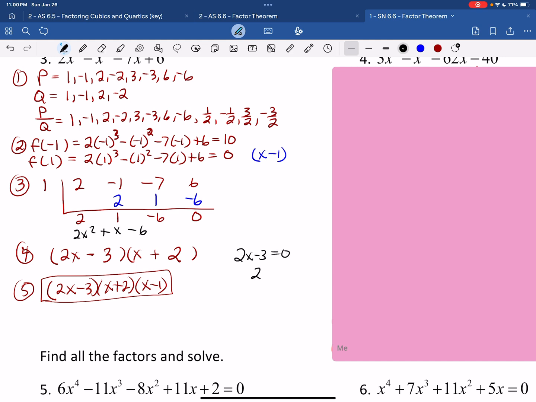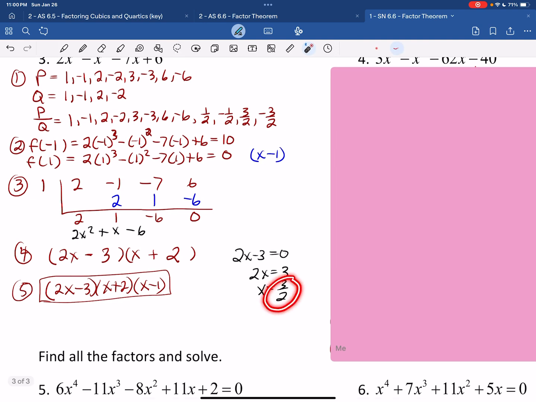I move the 3 over and get 3, and divide by 2 and get 3 halves. And sure enough, this 3 halves was right there in my list. So I could have tested 3 halves and would have got an answer for it.